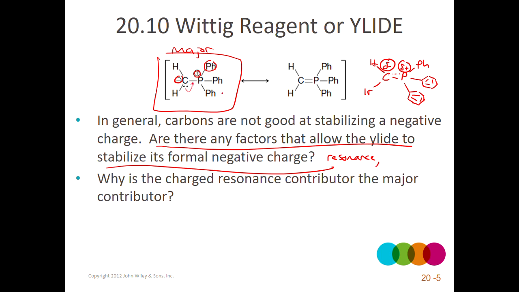And also having opposite charges on adjacent atoms really helps to stabilize it because they form a charge attraction. So we have a positive, negative attraction that those formal charges form because they're on adjacent atoms, specifically because they're on adjacent atoms.